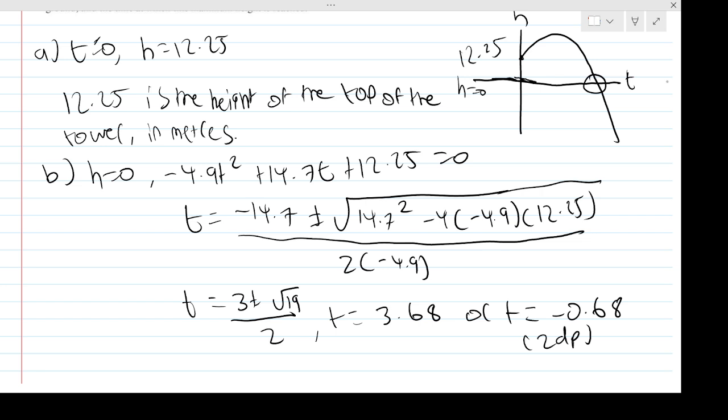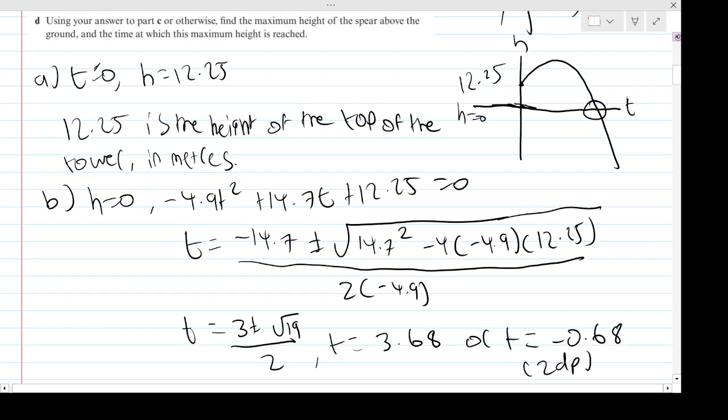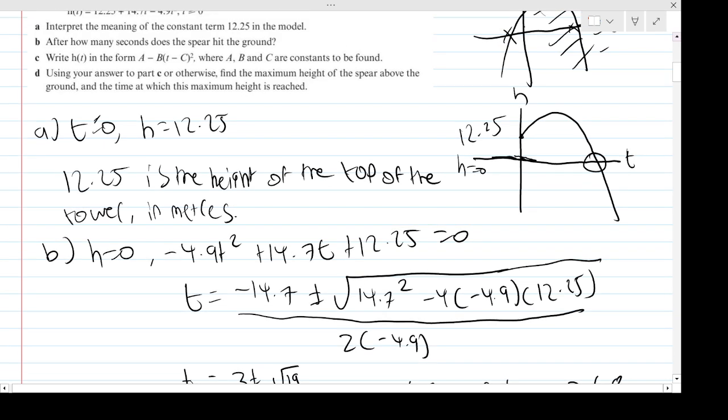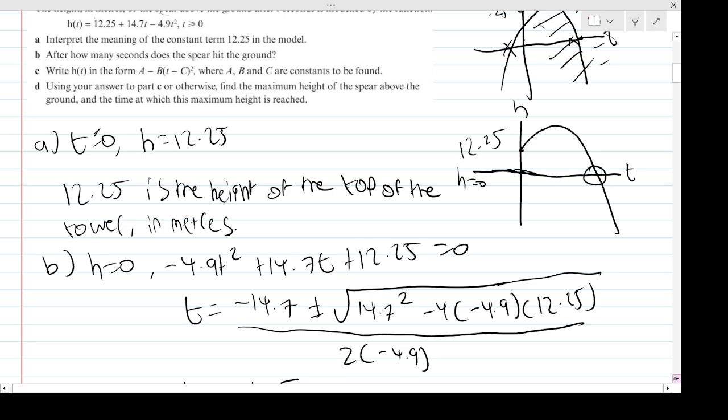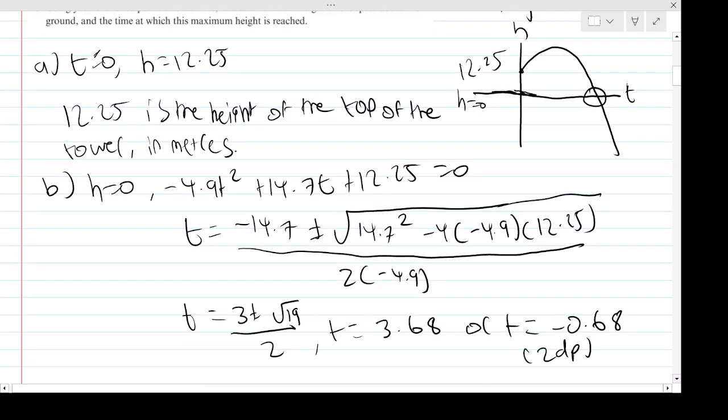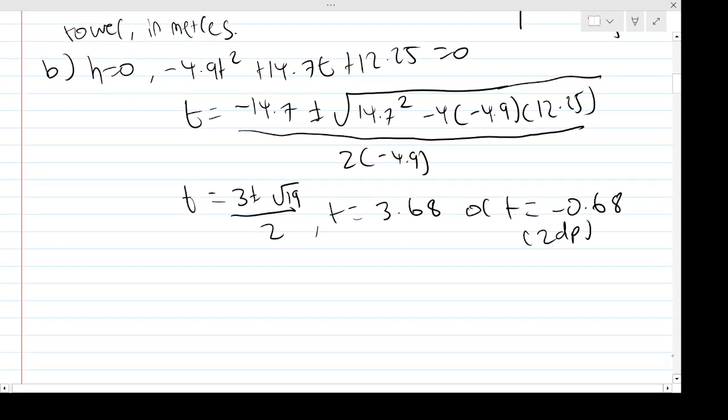But remember again back to the question: t is time. And specifically, it also says t has to be greater than or equal to 0. It has to be non-negative, right? It cannot be negative. So really, we must only take the positive answer. So t is 3.68. And that's our only solution.